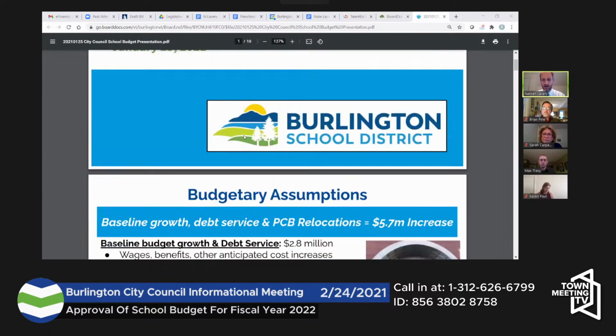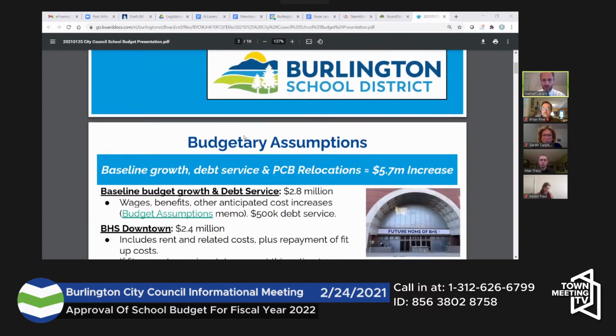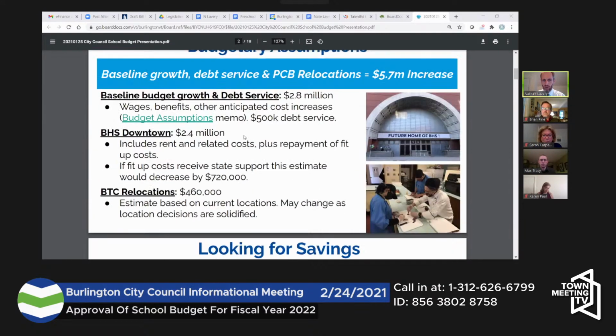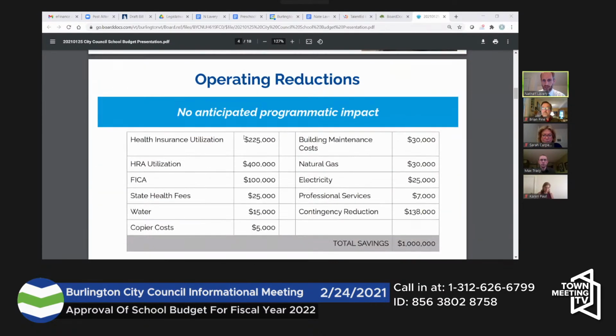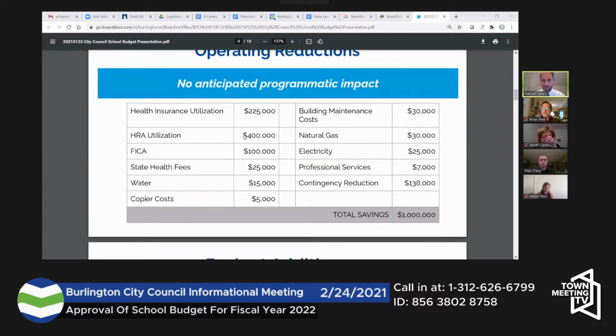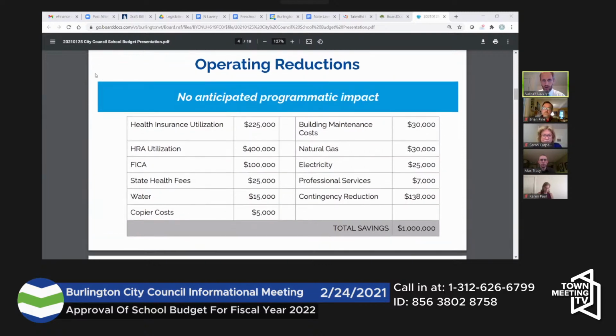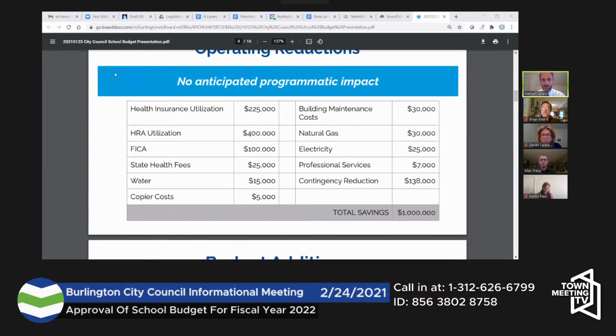Very briefly, there is a ballot question, as there is every year, to adopt the school budget. And I'm going to provide a few quick highlights by scrolling through this presentation. One of the things that the budget incorporates is a significant number of operational reductions, items that are not anticipated to have any programmatic impact on student learning, but are ways that we could reduce costs to taxpayers.